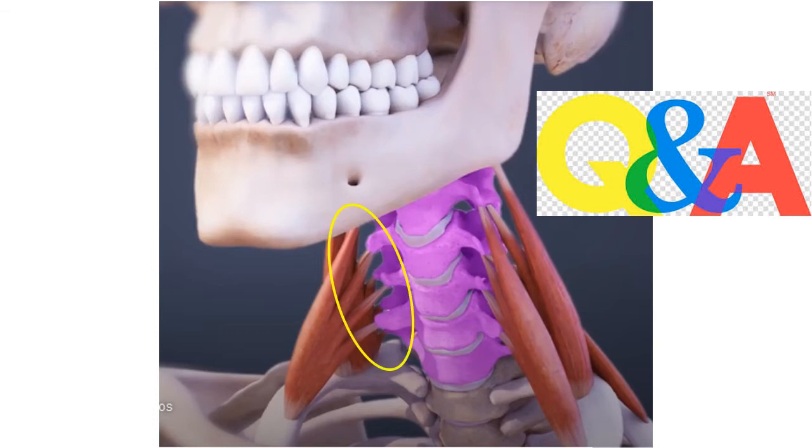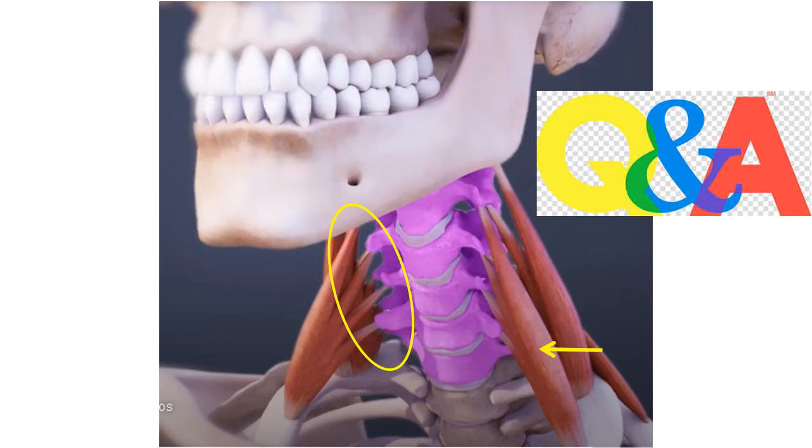What is the structure inside this oval shape? The answer is, these are 4 points of the starting point of scalenus anterior. The starting points are on transverse process of upper 4 cervical vertebrae.